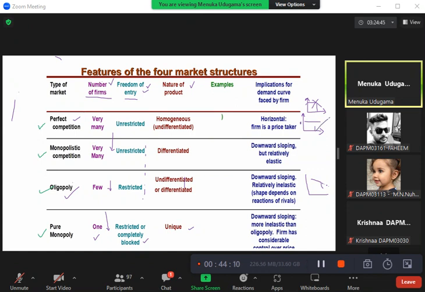So the rest of the demand curves are downward sloping, like a typical demand curve, but only in the case of an oligopoly, you will see a kinked demand curve. Right? We discussed this last week, so it's all there in the recording and the slides.